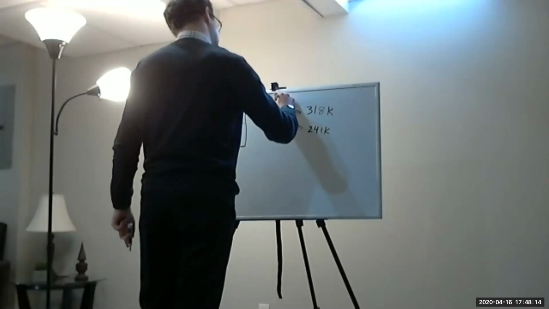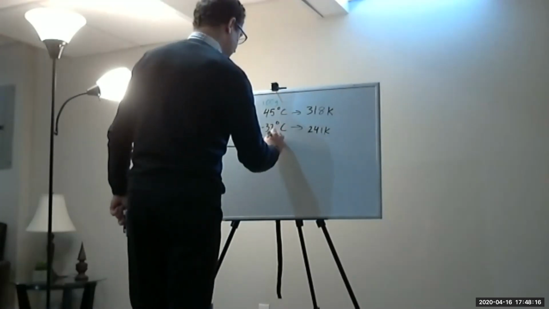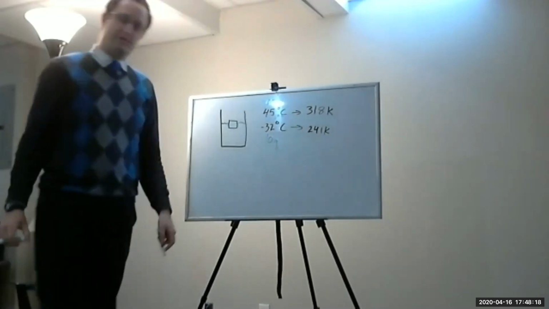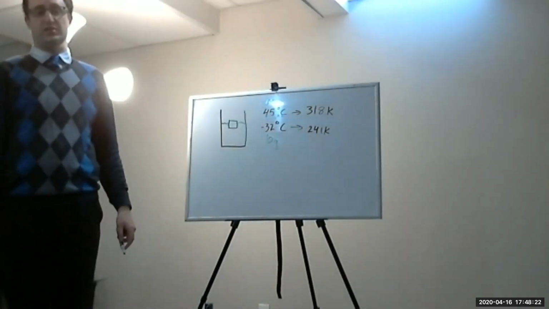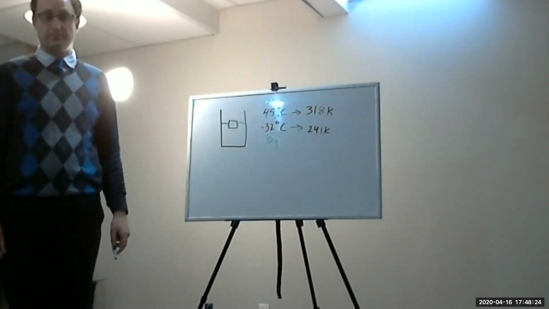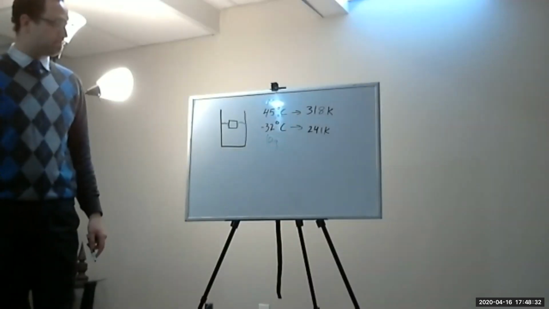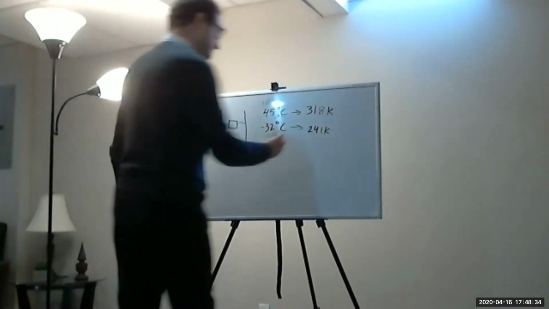Now, I'm just going to make our lives easy, say that this is 100 grams of water and 10 grams of ice that I'm dropping in there. Okay? Any questions so far, just with the setup? So I know it's 10 grams of what? Ice. I will say the green marker is really hard to read.